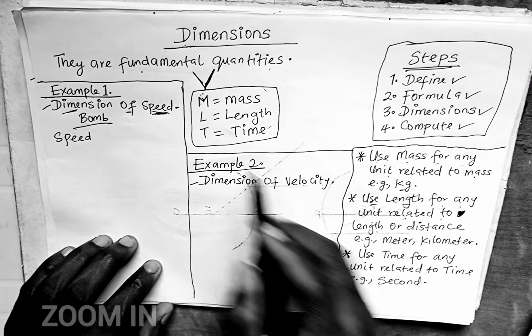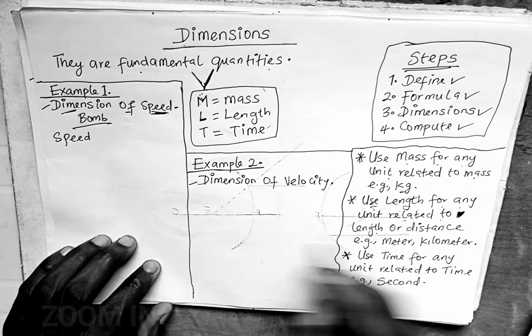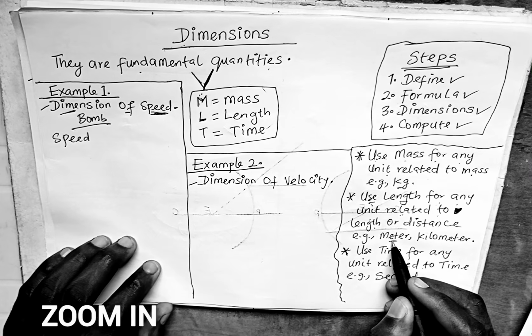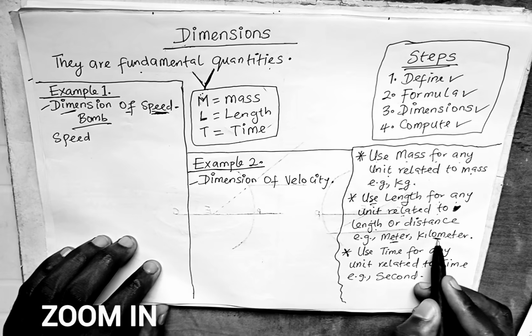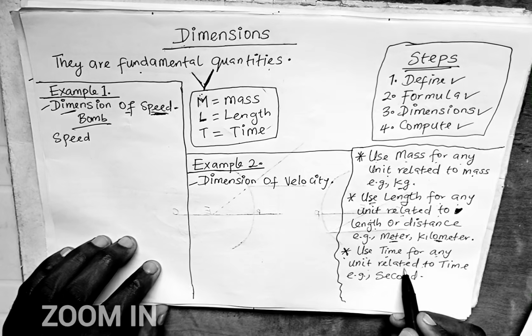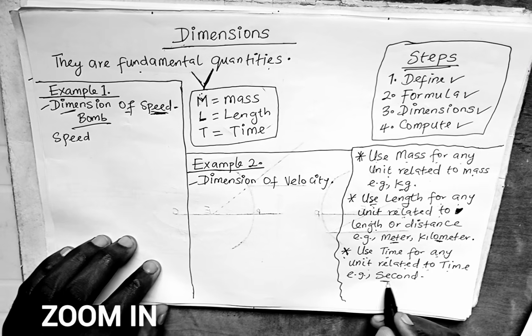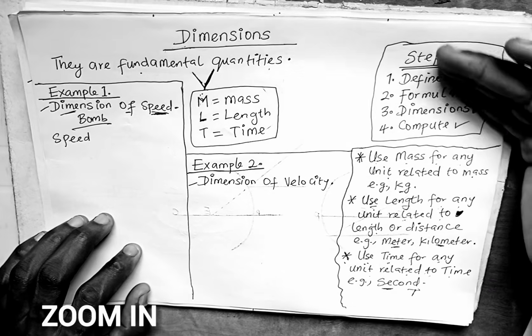For example, if it's meters, use L. If it's kilometers, use L. The final one, use T for any unit related to time. For example, if you see second there, you use T.